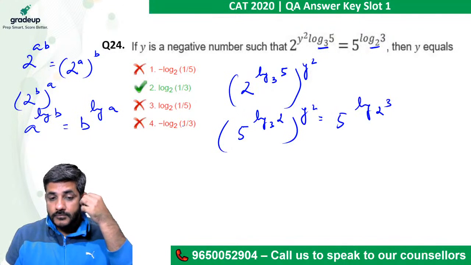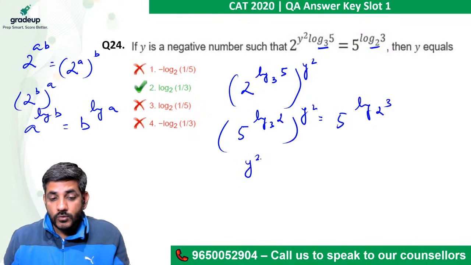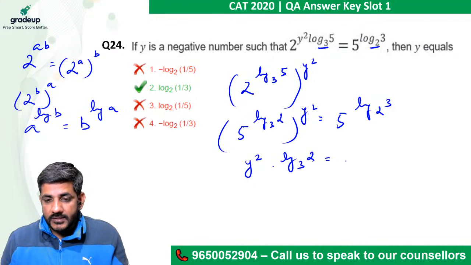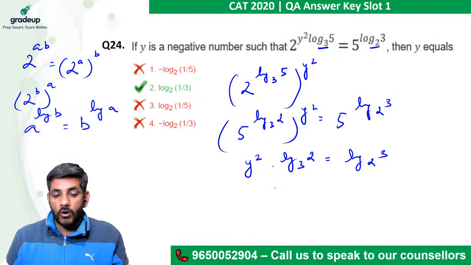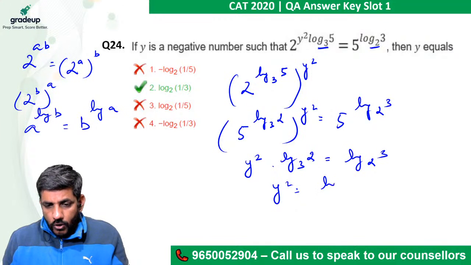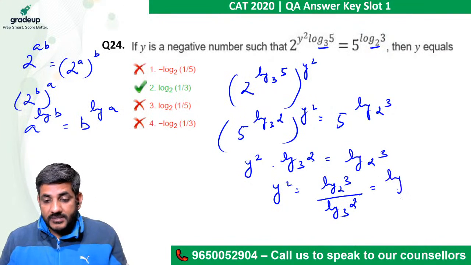Right? And obviously now if both sides are powers of 5, they can be put equal. So y square into log 2 with base 3 is equal to log 3 with base 2. Or y square is equal to log 3 with base 2 divided by log 2 with base 3. And log 2 with base 3 can also be written as the reciprocal of log 3 with base 2.